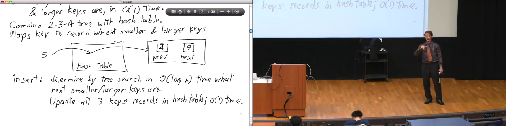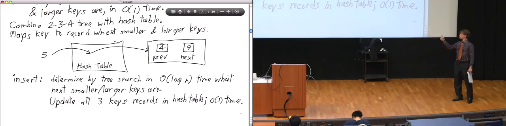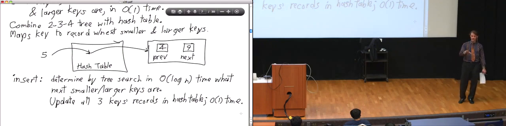So you're going to find the node anyway when you're restructuring the tree. For the find operation, if you have a reference to the node in the tree stored in your hash table, that doesn't actually help you find the neighbors much faster. It might still take an additional log n time to find that item's neighbors in the tree.